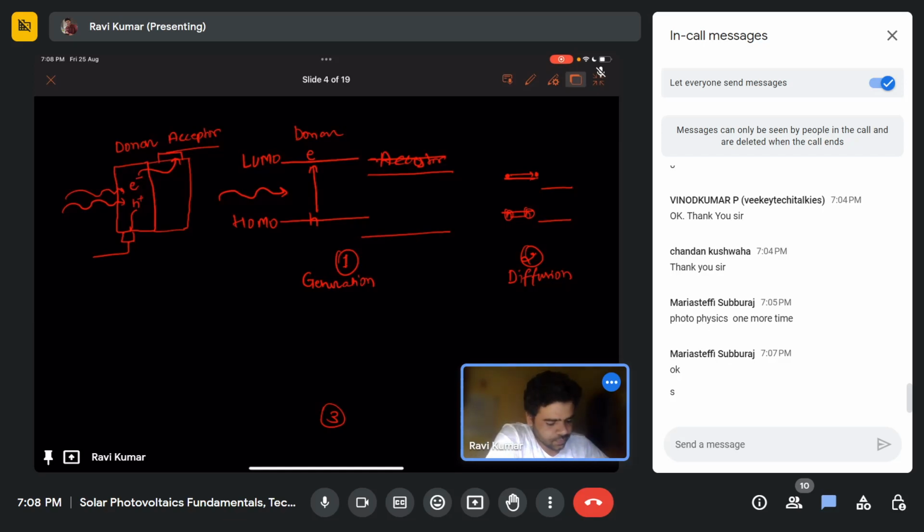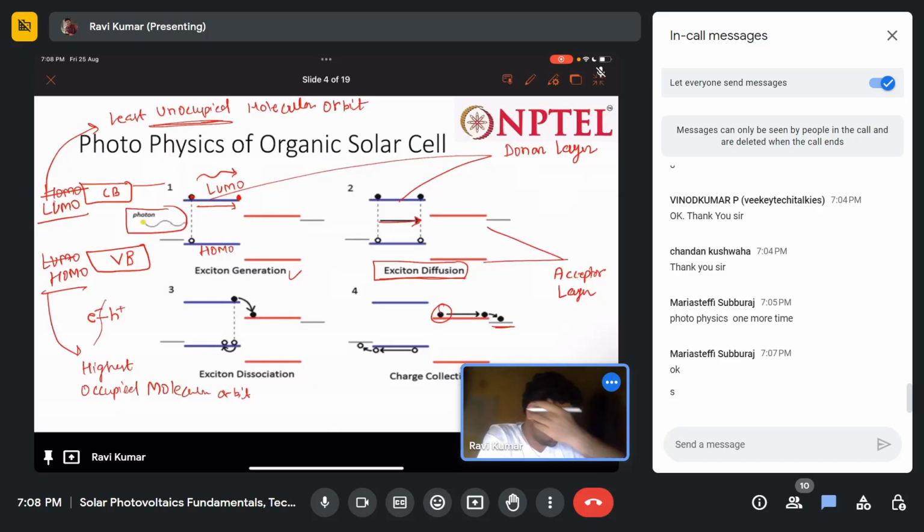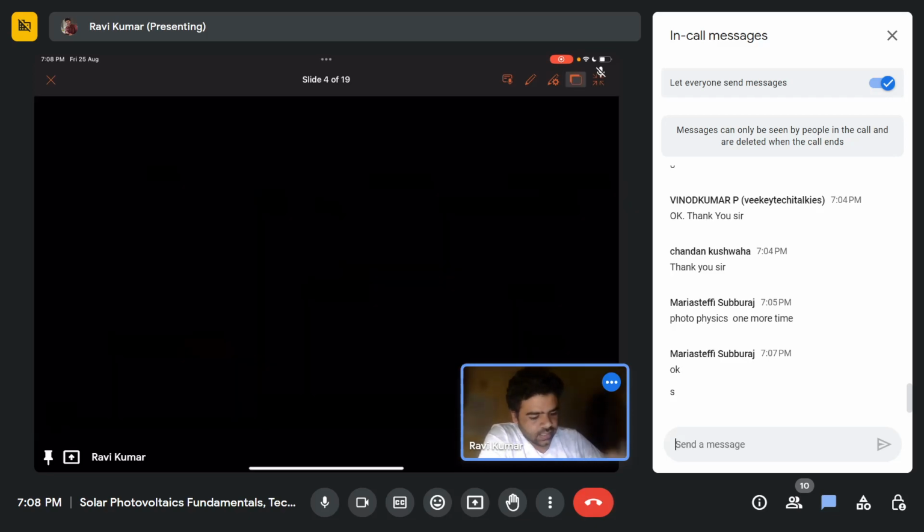Okay. In the third case, if charge carriers are at the periphery here, they will be accepted by the acceptor. So the hole will go this way, the electron will go this way.